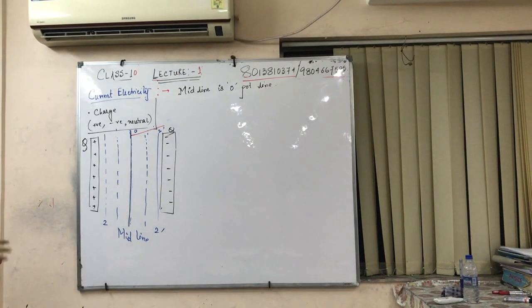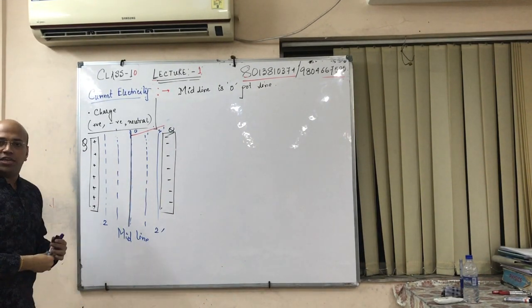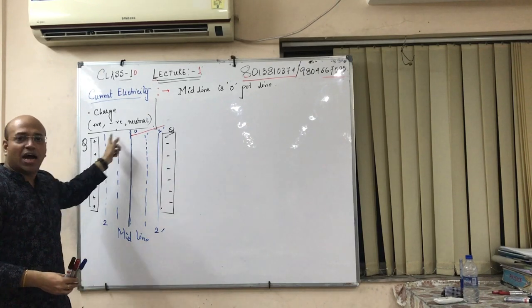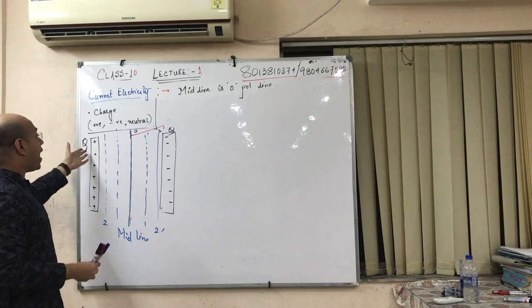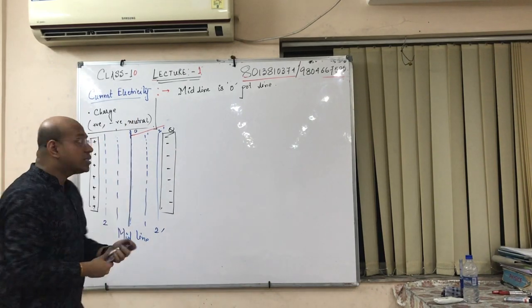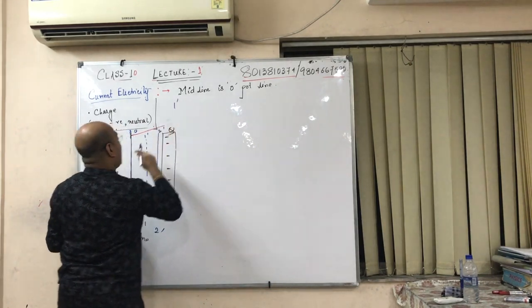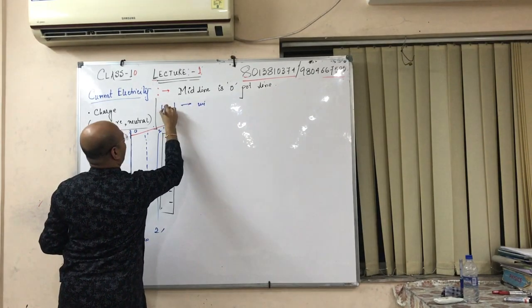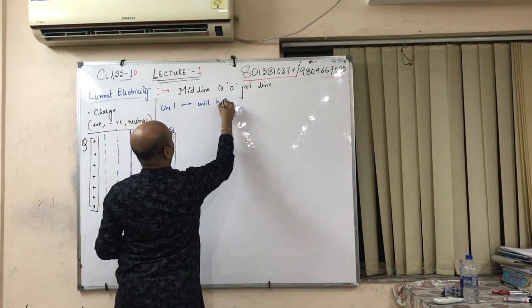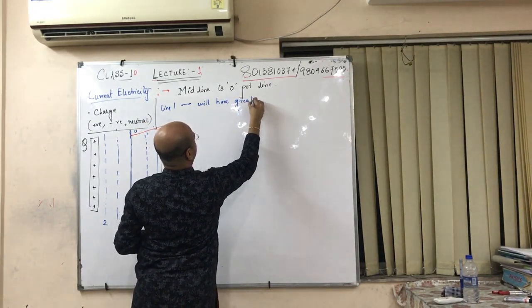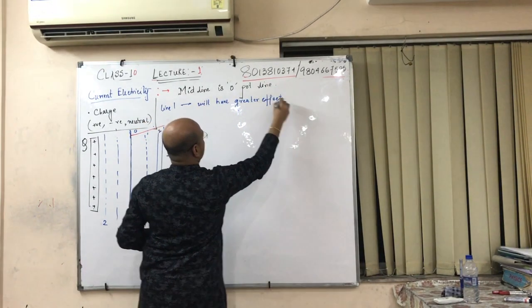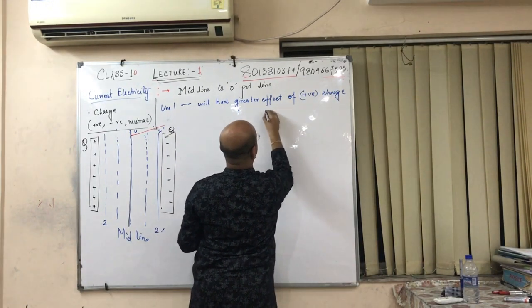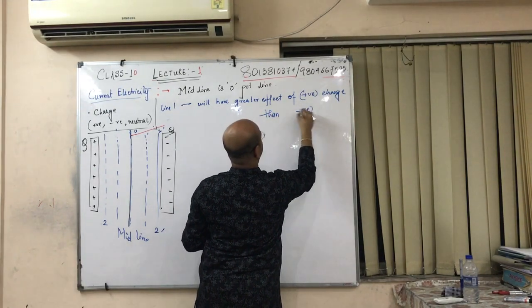Now, a very basic thing. If I move towards the positive charge, the distance between the line and the positive charge decreases and the distance between the negative charge and the line increases. So which has the much greater effect? Similarly we can say line 1 will have a greater effect of the positive charge than the negative charge.